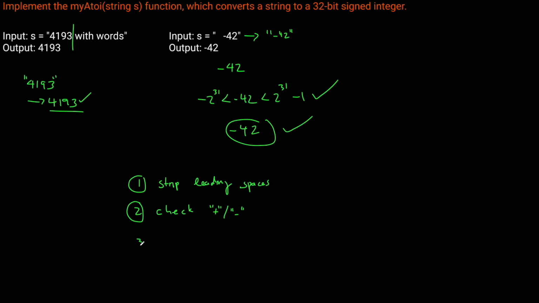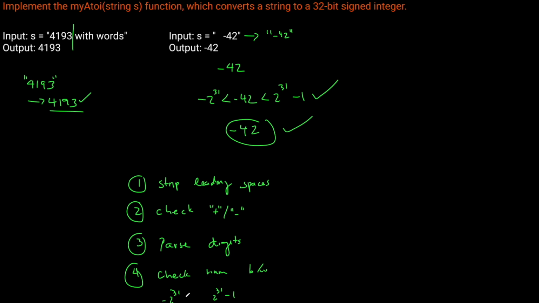And then we want to parse digits. And then after we parse our digits, we want to check the integer range, right? Check num between, what is it going to be? Negative 2 to the 31 and 2 to the 31 minus 1.